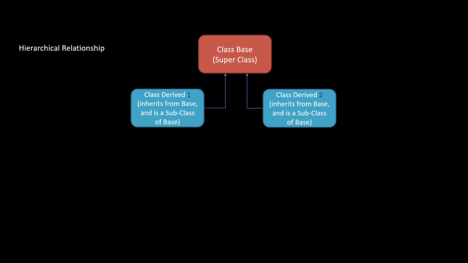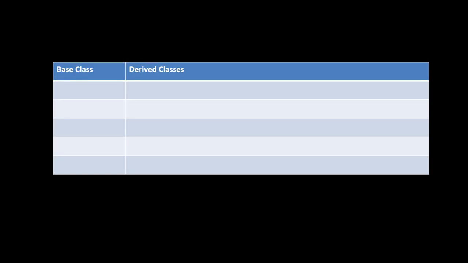If we look at this table here, we've got a fish, and the derived classes for fish could be goldfish, carp, tuna. What's important to understand is that these derived classes have that relationship that is defined by "is a".